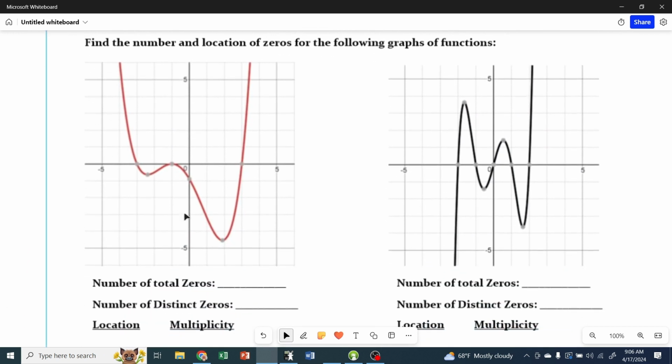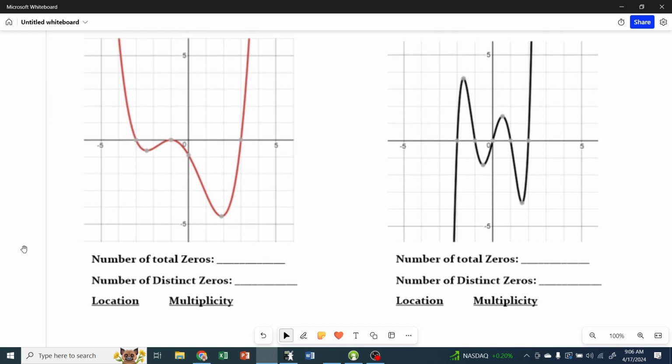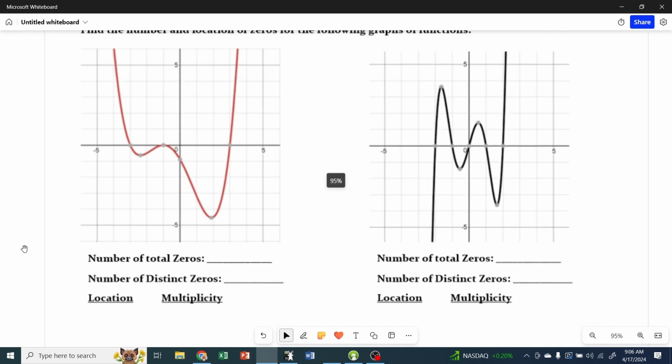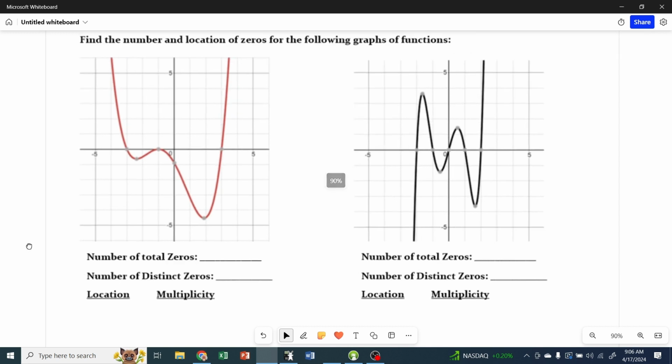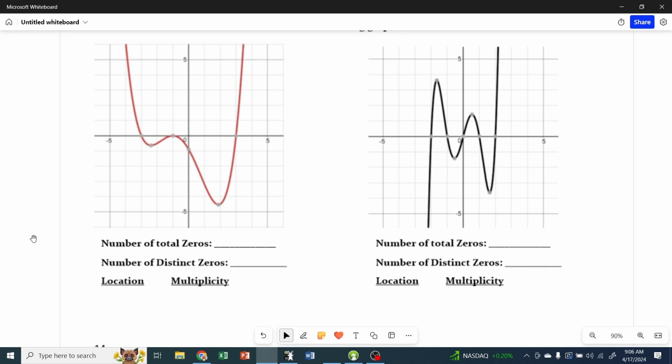So over here I have some graphs, and we're going to take these graphs and look at all these issues. All right, so the first thing we want to do is look at the total number of zeros. Well, one thing that helps is to figure out what's the degree. So we talked about these valleys.